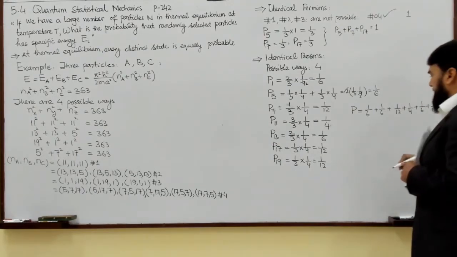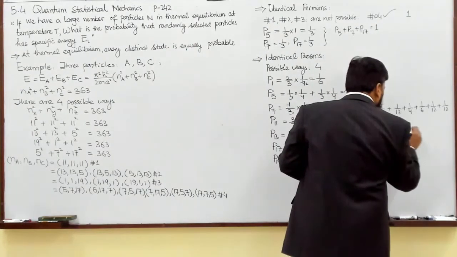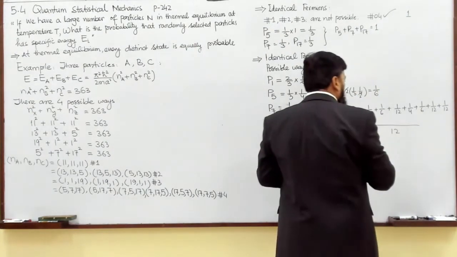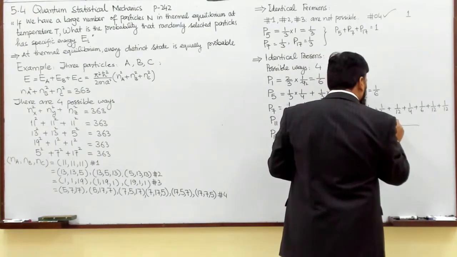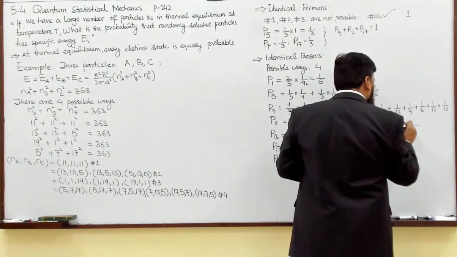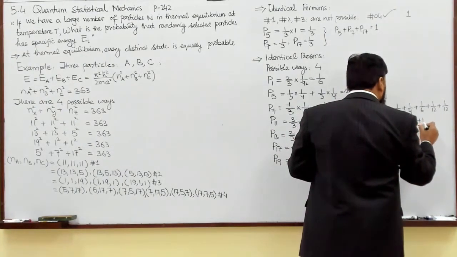Now I can write 12 here as the LCM, and 2 plus 2 plus 1 plus 3 plus 2 plus 1 plus 1.